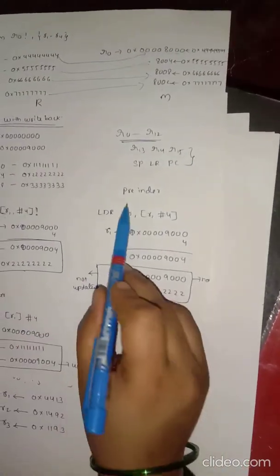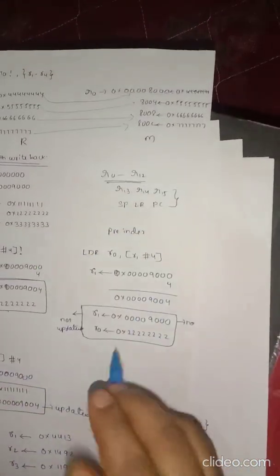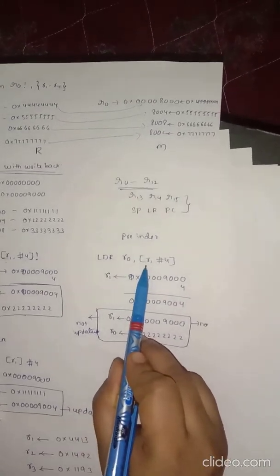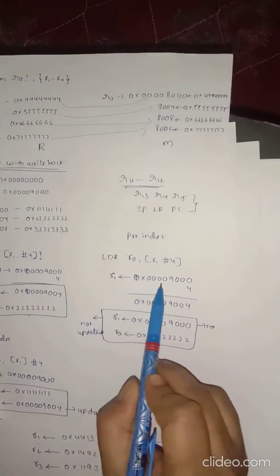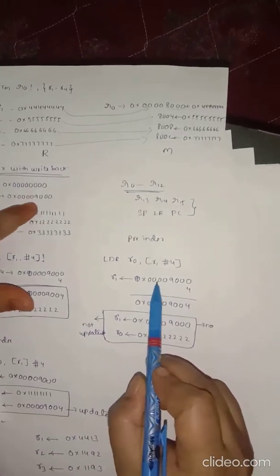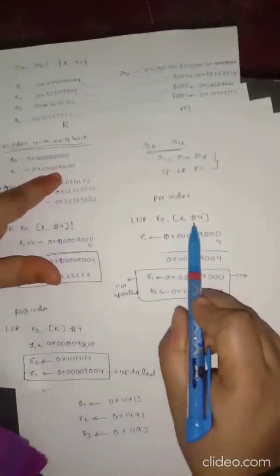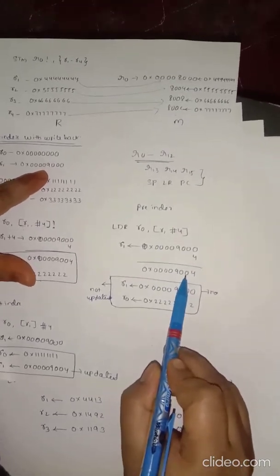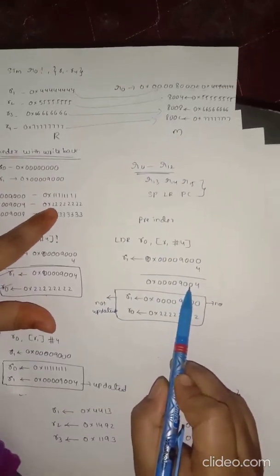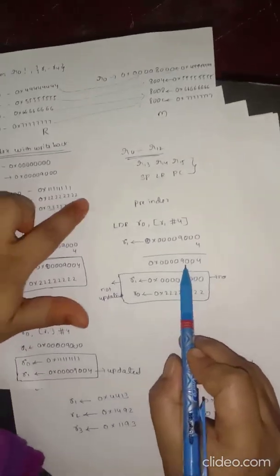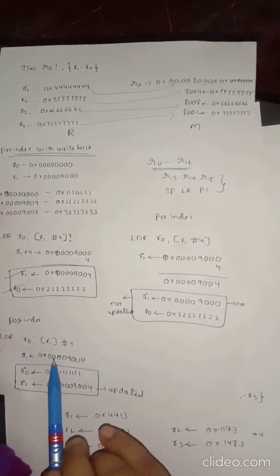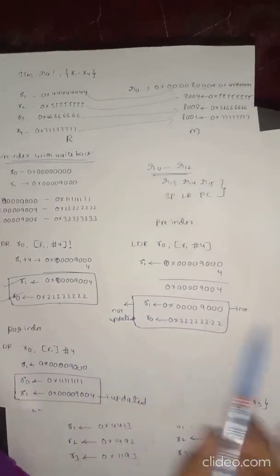Next, only pre-index. In only pre-index, first it will go to R1. What is R1? R1 is nothing but 9000. First it will go to 9000, plus 4, and 9004 it becomes. Next, what data is there in 9004? All 2s. So all 2s will come into your R0, but your R1 is not updated.